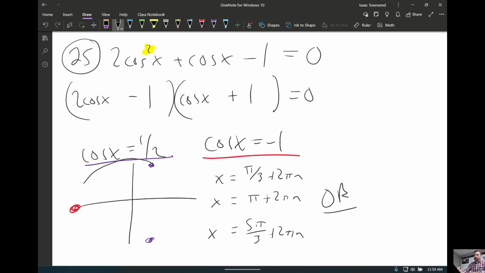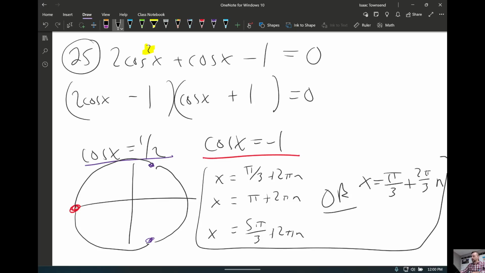To get from here to here, I could add 2pi/3. From here to here, add 2pi/3, and from here to here, 2pi/3. So if you want to do it in one statement, list the first one, and then say add multiples of 2pi/3. The back of the book is probably going to do it that way, but this is fine too.